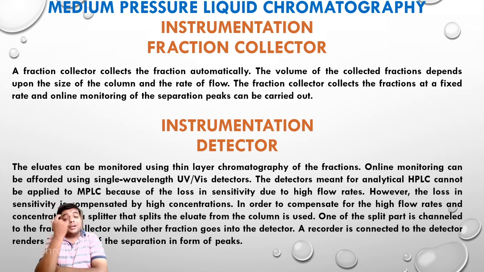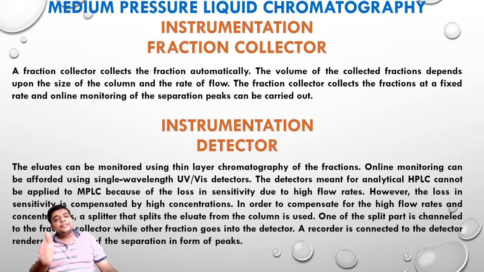The volume of the collected fraction depends upon the size of the column and the rate of flow. The more the size of the column, because of the diameter, the more would be the quantity of the component separated and collected in the fraction collector. Fraction collector collects the fractions at a fixed rate and online monitoring of the separation peaks can be carried out.